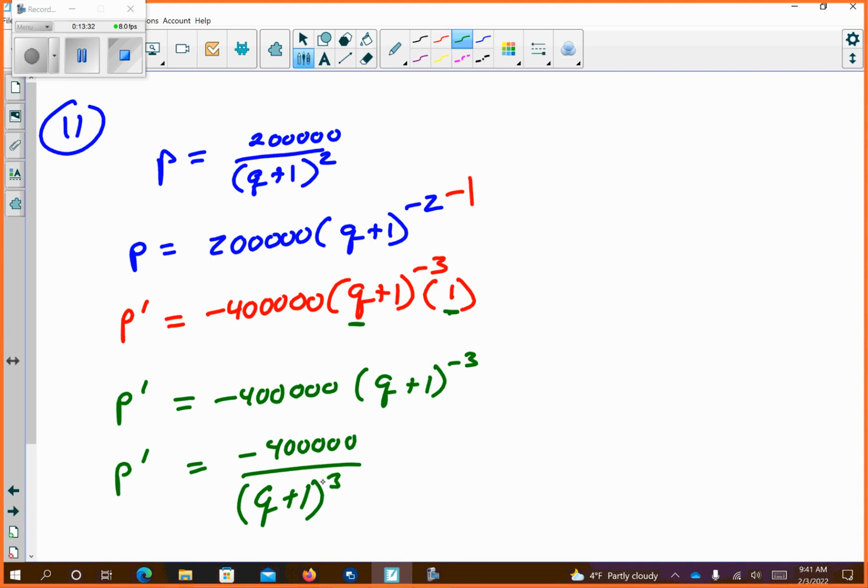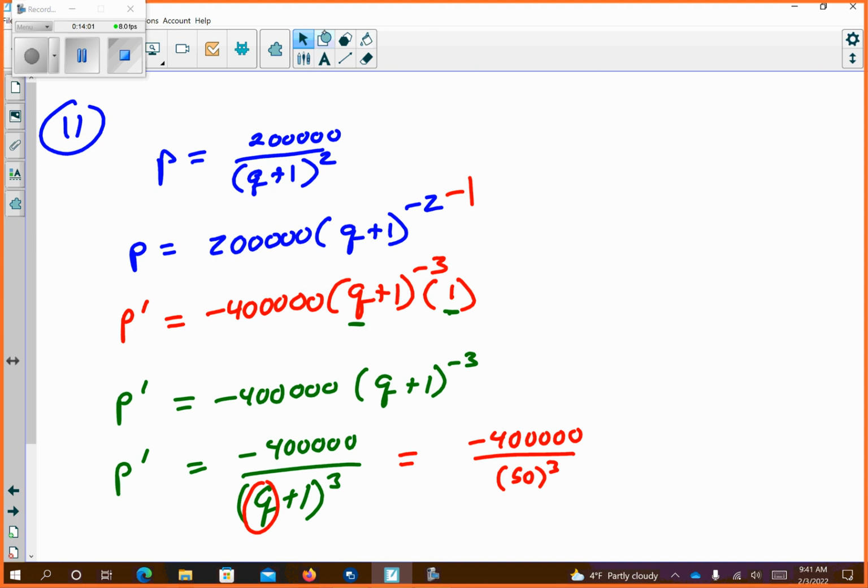All right, what is the rate of change at Q equals 49? So I'm going to take that 49 and plug it in right here. I'm going to get negative 400,000 over 49 plus 1, so I add 50 to the third.